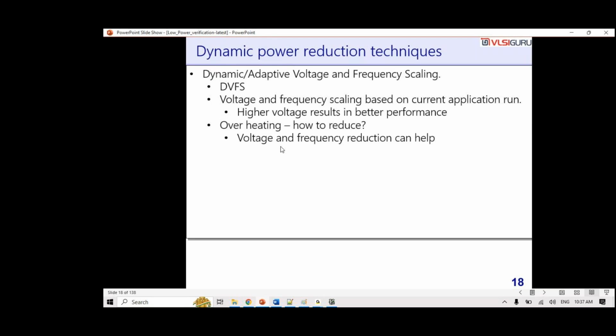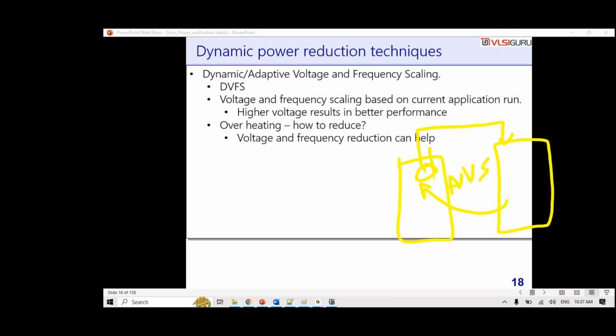That PMIC gets an indication that the chip is getting overheated, that it is working beyond the required limit. So I have to reduce the voltage, and it sends a reduced voltage. That is about adaptive voltage scaling.